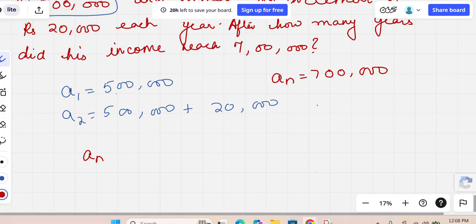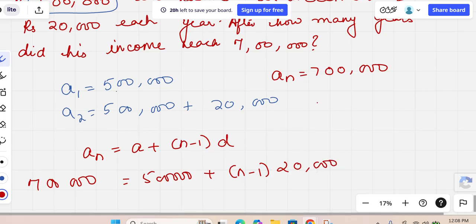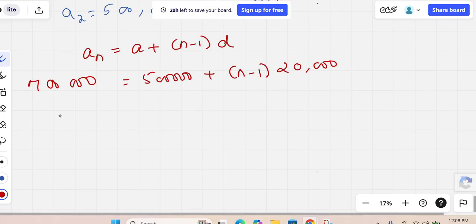So we just need to say AN is equal to A plus N minus 1 D. Exactly. So substitute 7 lakh equal to 5 lakh plus N minus 1 times 20,000. Correct? Now 7 lakh minus 5 lakh is 2 lakhs. That is done. 20,000 N minus 20,000.